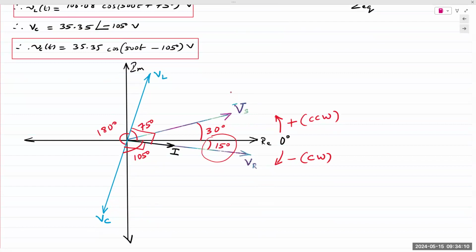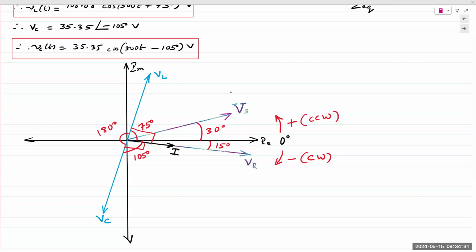Minus means it's going clockwise. So vector is rotating counterclockwise. So if it rotates counterclockwise, it's a positive angle. If it rotates clockwise, it's a negative angle. So you get minus 15. VR is at minus 15.